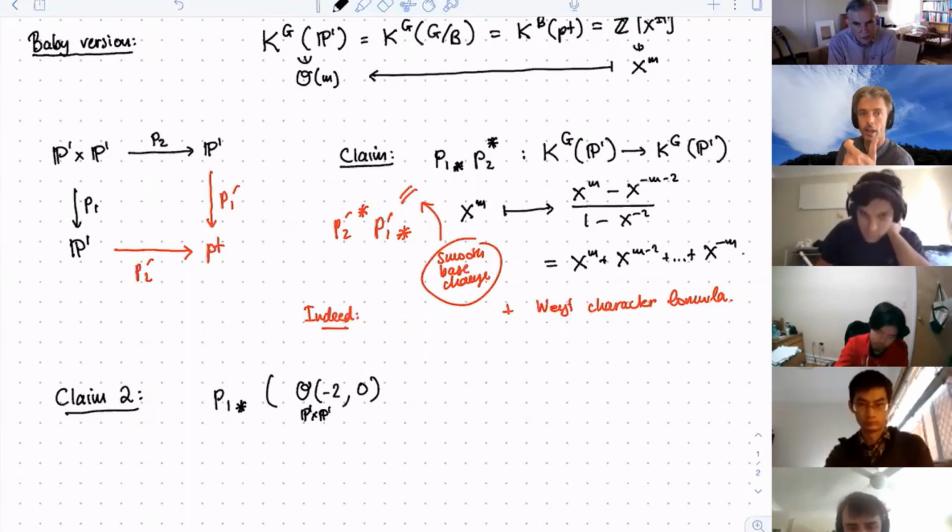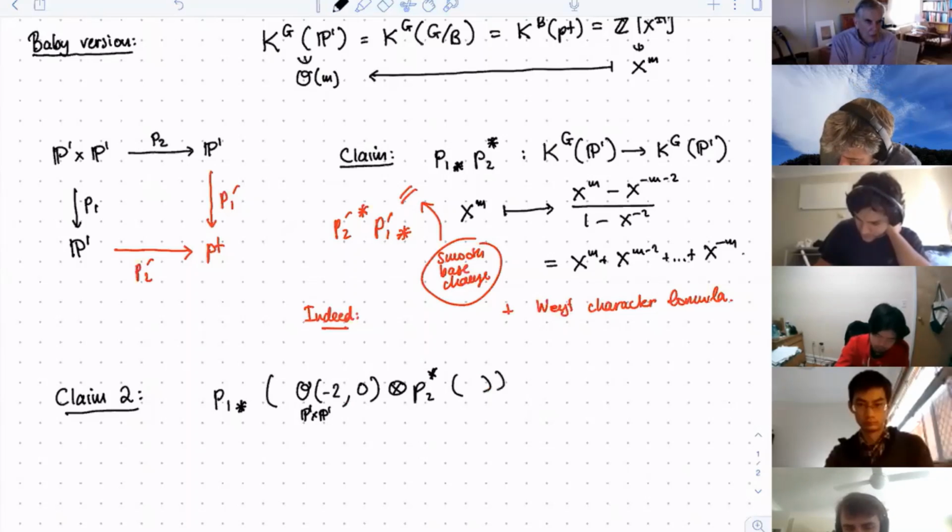On P^n times P^m, it's standard notation to write O(m, n) for the tensor product of the pullback of O(m) on the first factor and O(n) on the second factor. And I'm using that convention here. Tensored with the pullback of this from K_G of P1.